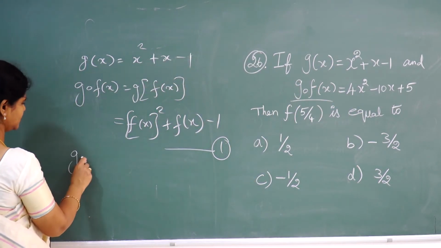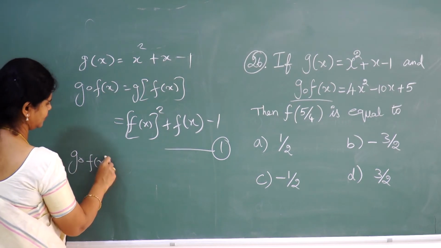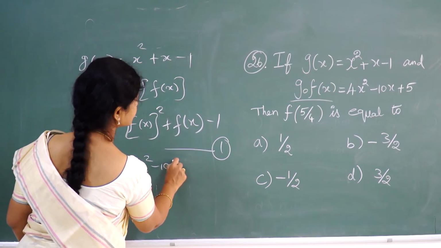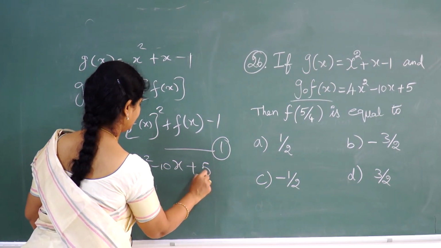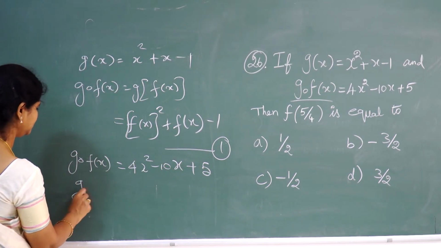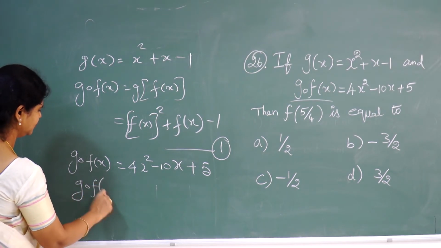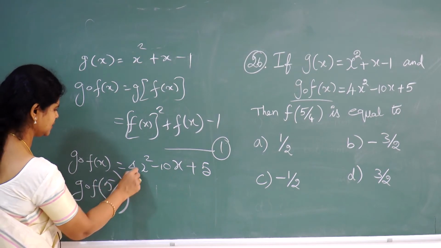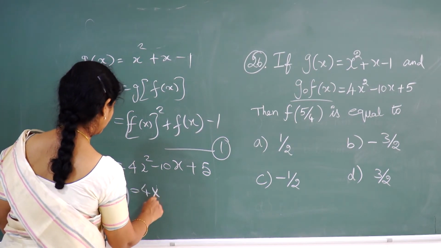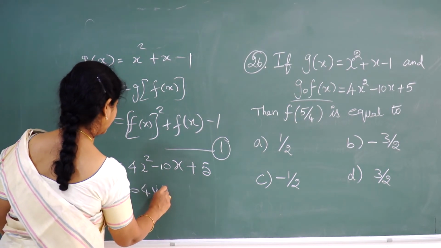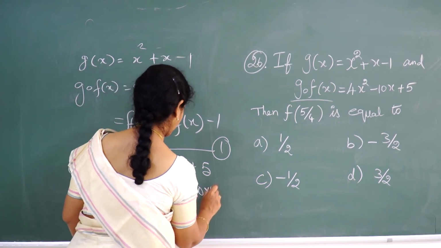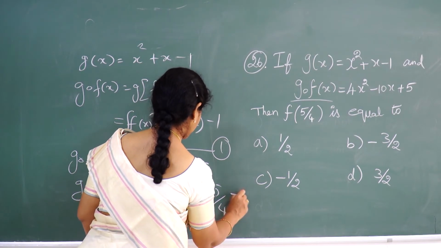Now g composite f of x equals 4x square minus 10x plus 5. Okay, now write down g composite f of 5 by 4. You substitute 5 by 4 into x, you get 4 into 25 by 16 minus 10 into 5 by 4 plus 5.